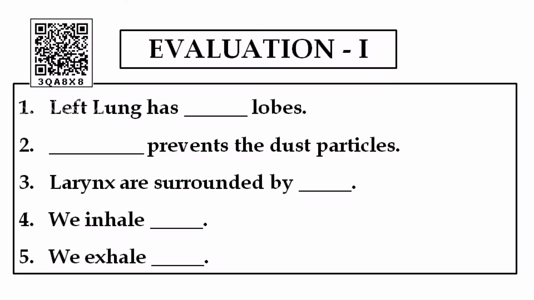Okay, shall we verify the answers to these questions, children? Yes, the left lung has, you are right, 2 lobes. And dash prevents the dust particles. Yes, nostrils prevent the dust particles.